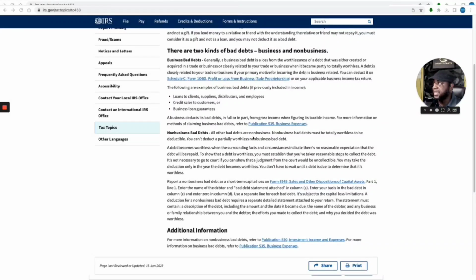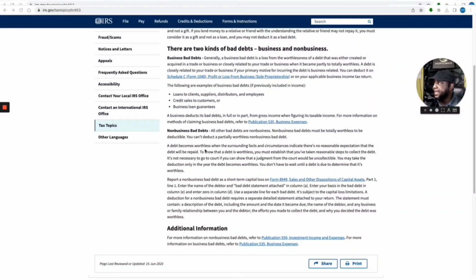All other bad debts are non-business bad debts. Non-business bad debts must be totally worthless to be deductible. You can't deduct a partially worthless non-business bad debt. A bad debt becomes worthless when the surrounding facts and circumstances indicate that there's no reasonable expectation that the debt will be repaid.